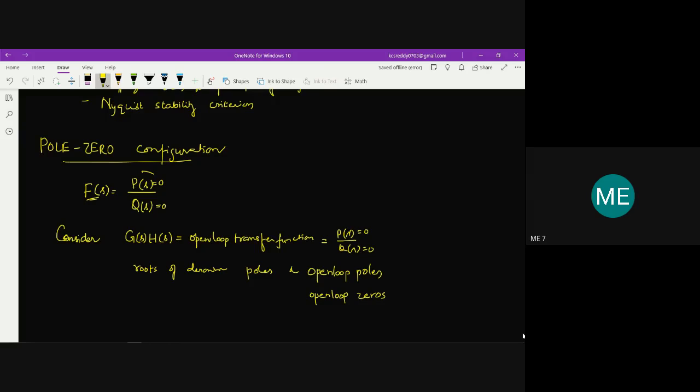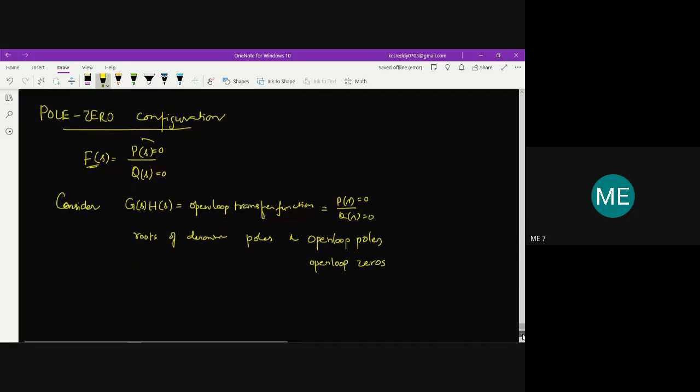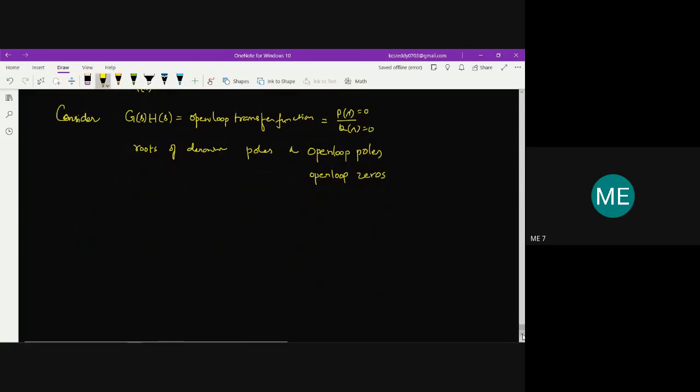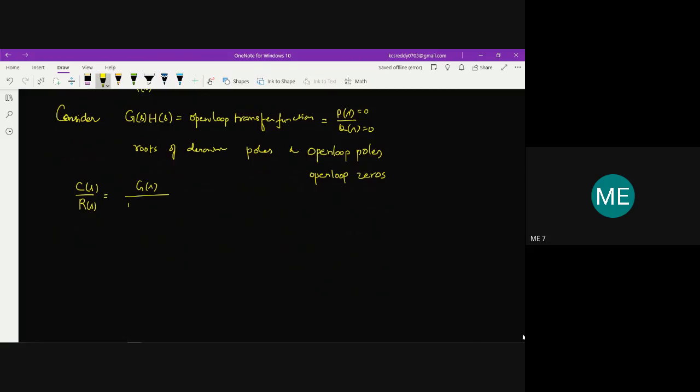So we can consider this open loop transfer function and find the open loop poles and open loop zeros. Similarly, if I take the closed loop transfer function, C of s by R of s, which is equal to G of s by 1 plus G of s into H of s, both numerator and denominator are polynomial equations in variable s. If I equate them to 0, I get closed loop poles and closed loop zeros.